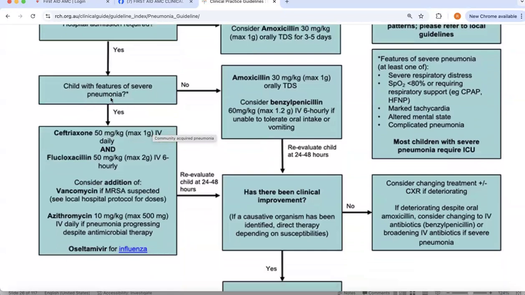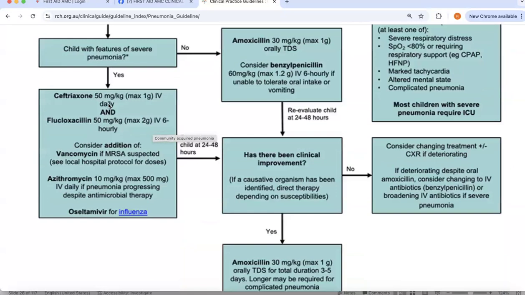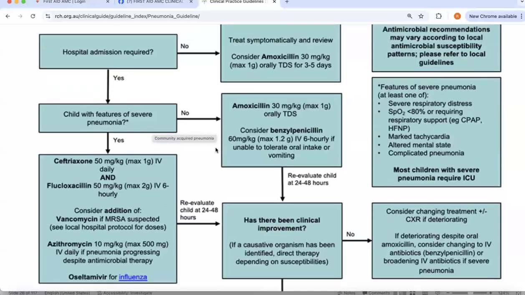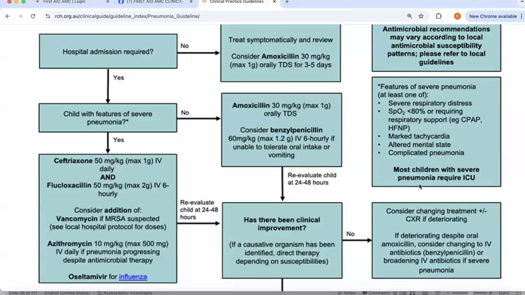If there is a feature of severe pneumonia, then the child will be admitted and the antibiotic choice is ceftriaxone plus flucloxacillin. Sometimes we might need to even add vancomycin if we suspect MRSA. And that is what you need to remember. Okay, clear guys with the chart?